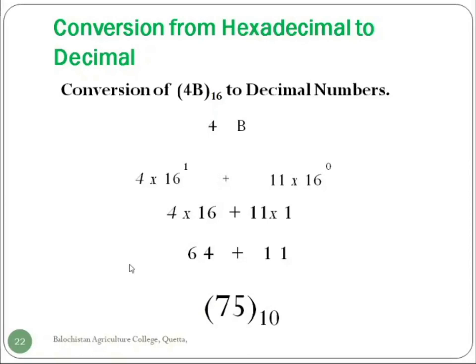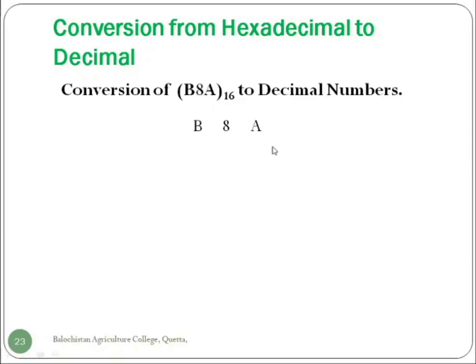Let's take another example. The first step is to multiply each of the digits with 16. So 16 multiplied by 10, because we can write 10 in place of A. 16 multiplied by 8, and 16 multiplied by 11. The second step is to put power on 16 starting from 0, 16 raised to the power 0, 16 raised to the power 1 and 16 raised to the power 2.